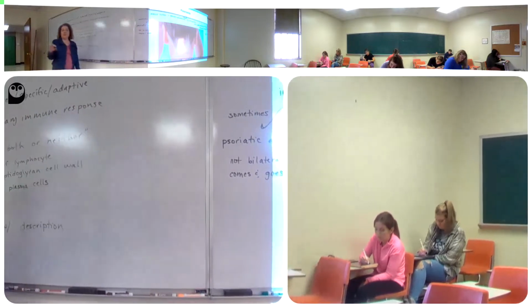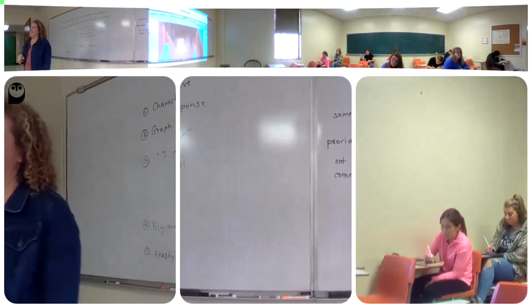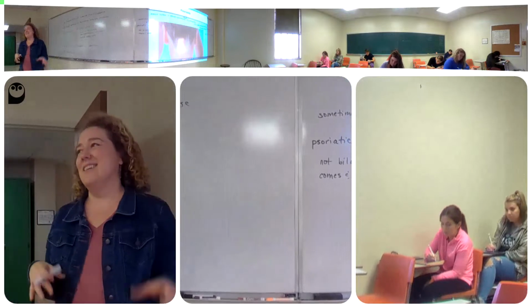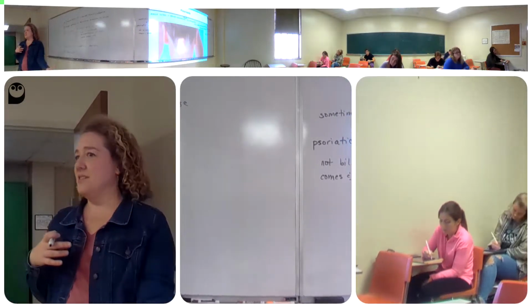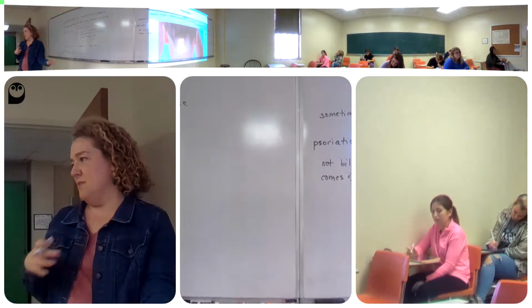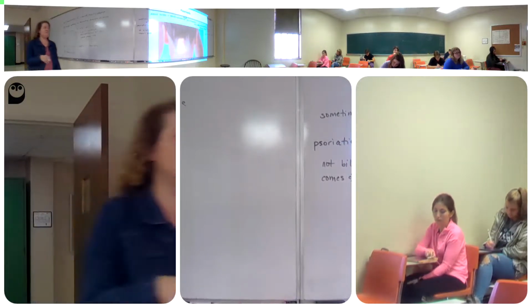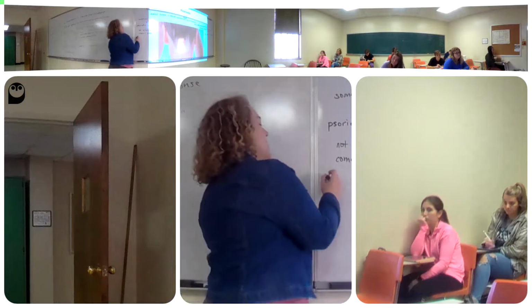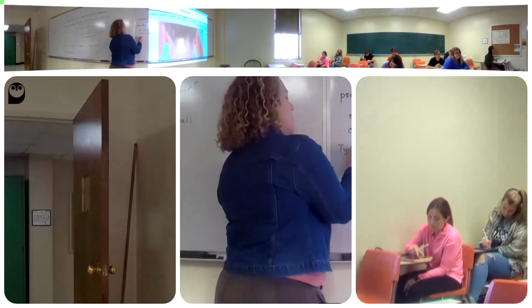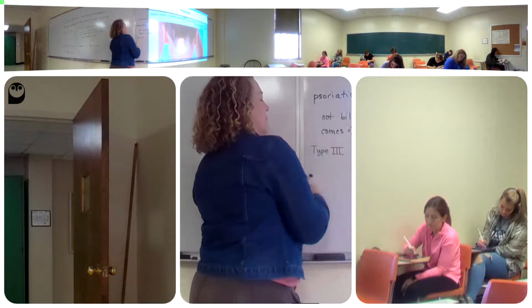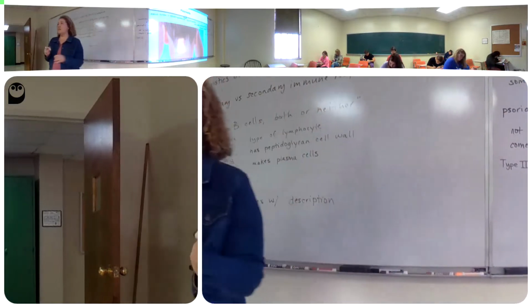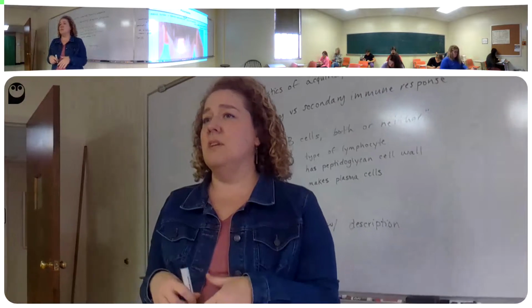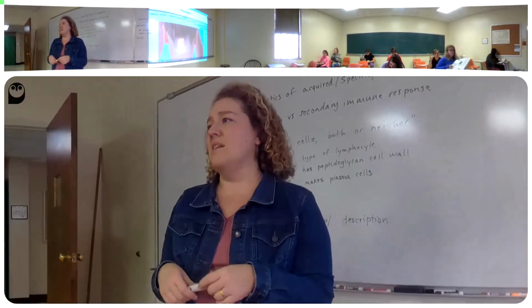So you may have psoriatic arthritis short term in a certain part of your body, not on the symmetrical side. So it's not bilateral. It is still a type 3 hypersensitivity, but they're still figuring out other things about it and how to figure out if a person actually has psoriatic arthritis.